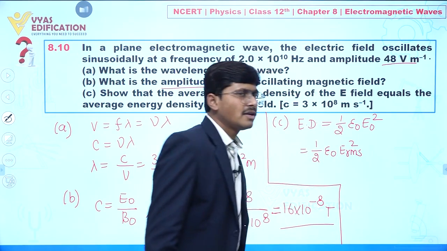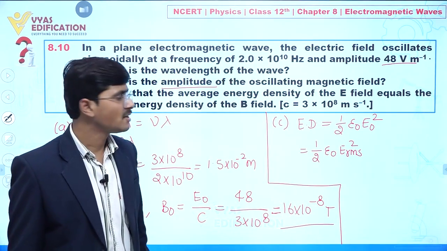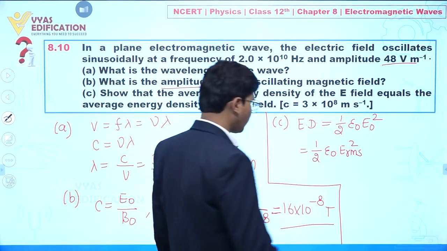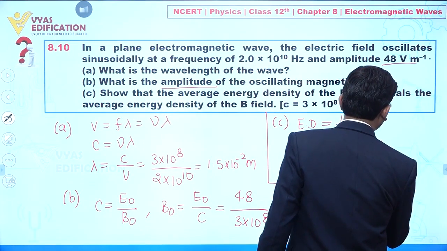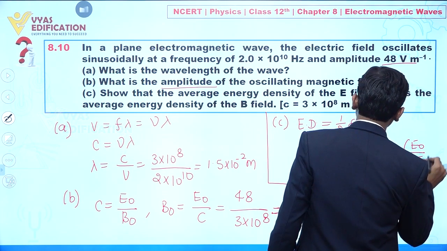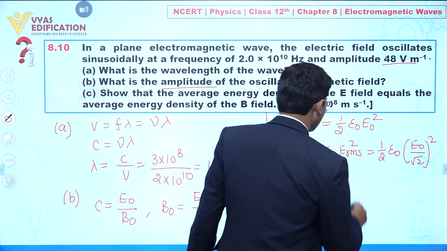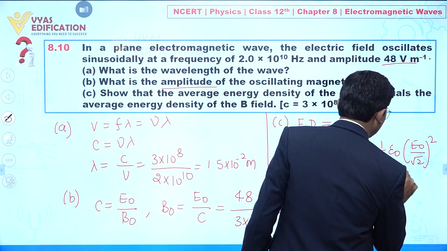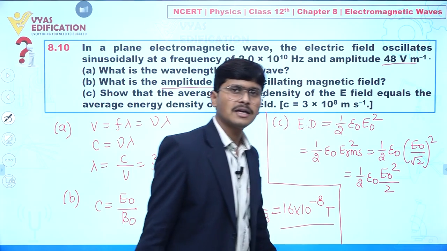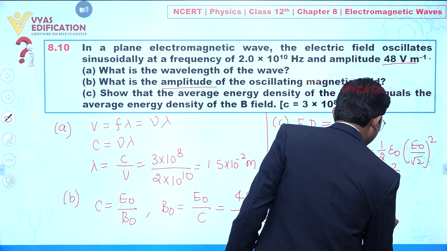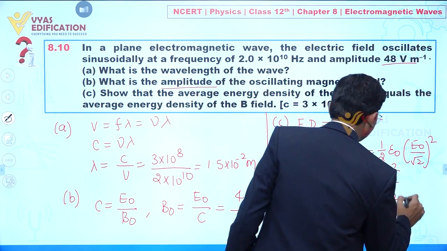Now can we write E RMS in terms of the maximum value of electric field? Yes, this is equal to 1 by 2 epsilon naught, E naught by root 2, and this is squared. From here this is 1 by 2 epsilon naught E naught square divided by 2, so this is equal to 1 by 4 epsilon naught E naught square.